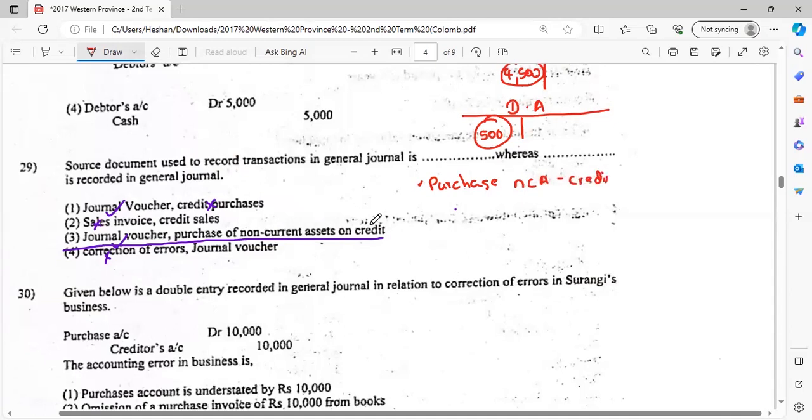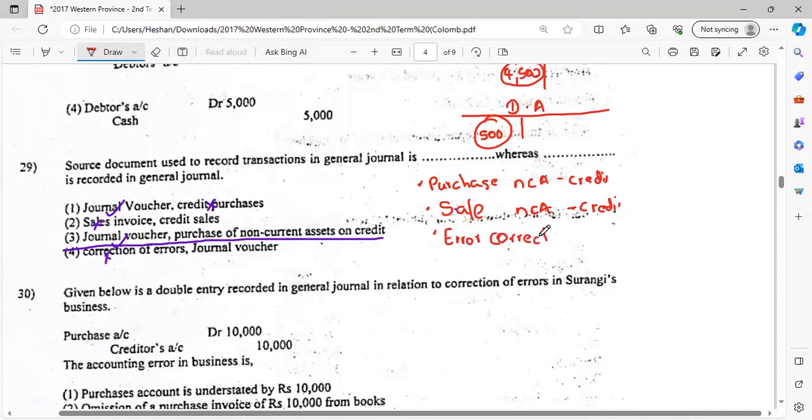Other than that, sale of non-current assets on credit basis. Any other answers? Error correction, very good.